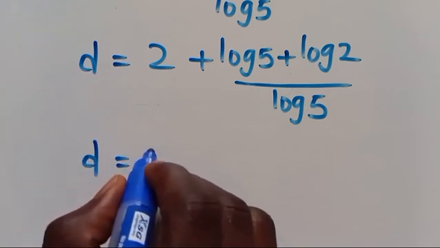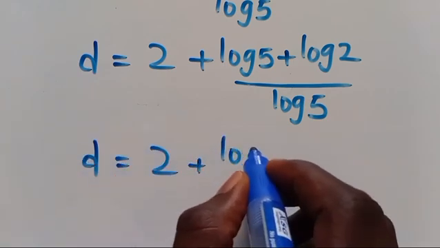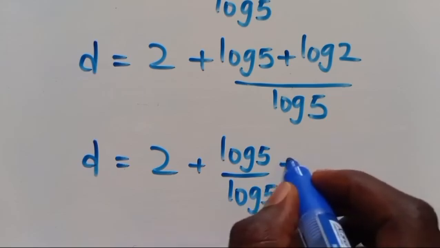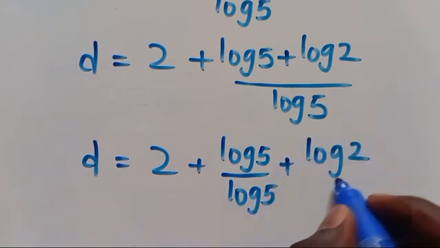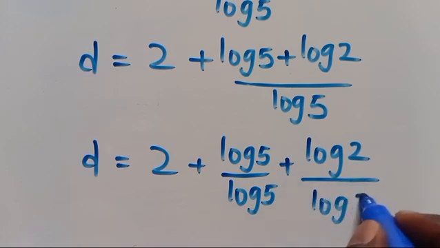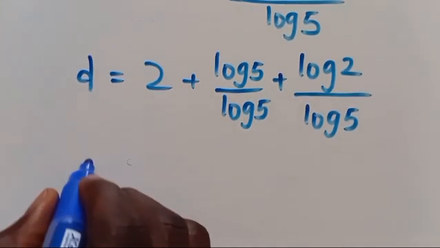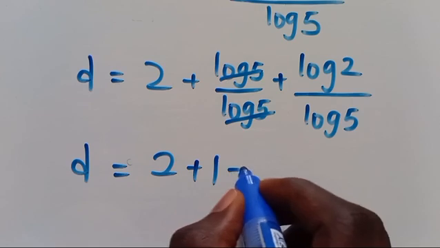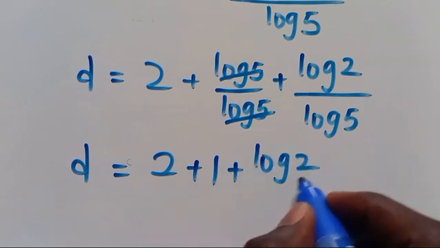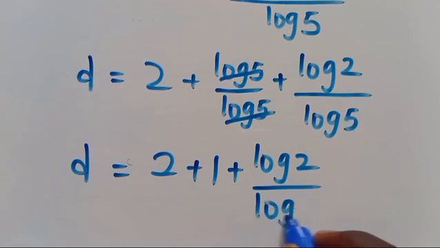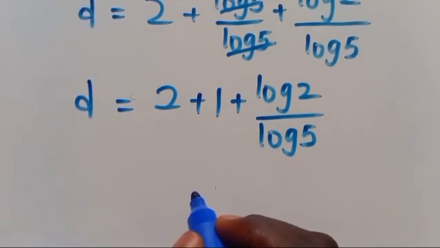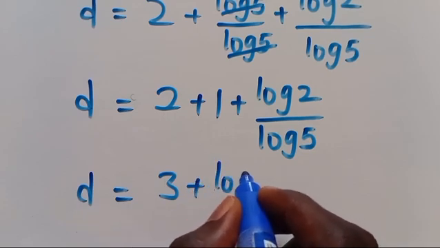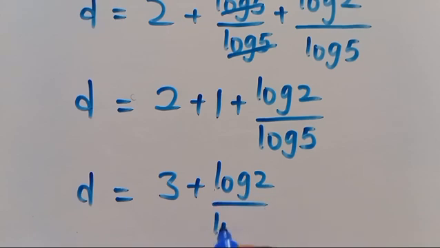That is 2 plus log 5 divided by log 5 plus log 2 divided by log 5. 5 divided by 5 will be 1, so d equals 2 plus 1, which gives us 3, plus log 2 divided by log 5.